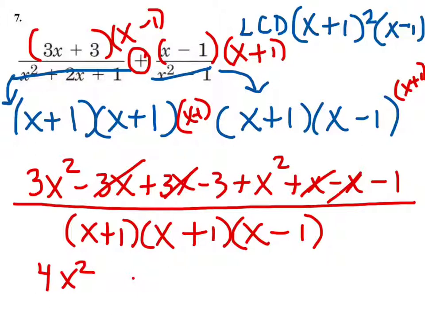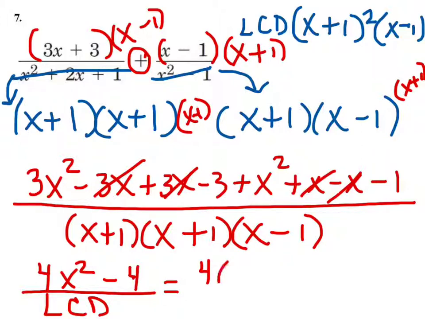Now let's look at our constants. I have a -3 and a -1. Combining these two together, we end up with -4. Remember, this is all over my LCD. I'm just going to write it like that for my intermediate step because I actually want to factor this numerator. I can take out a 4, and I'm left with x squared minus 1.